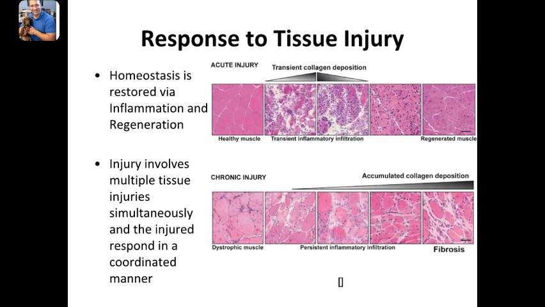And here's a continuum, an example of, let's say, muscle tissue, you're working out at the gym and you pull a muscle. There's going to be some inflammatory cells that are going to go into that area, and they're going to contain that injury.